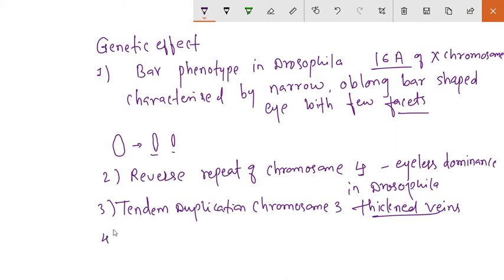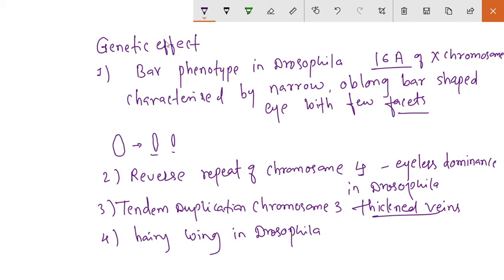Okay, and some duplication causes the hairy veins in Drosophila. काही डुप्लिकेशन्स ज्याच्यामुळे त्यांचे विंग्स पण हेअरी होतात ड्रोसोफिला मध्ये.